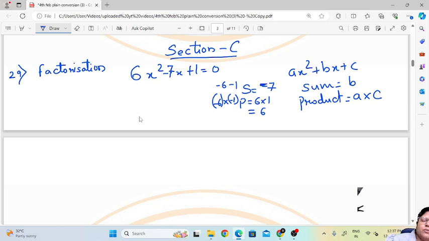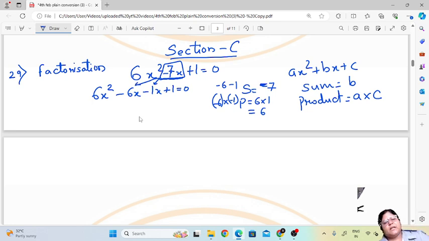Okay, so you are able to get the two numbers. So we will be splitting the middle term by negative 6x, negative 1x, plus 1 equals 0. See what happens is, the middle term splitting method, the split happens like this.